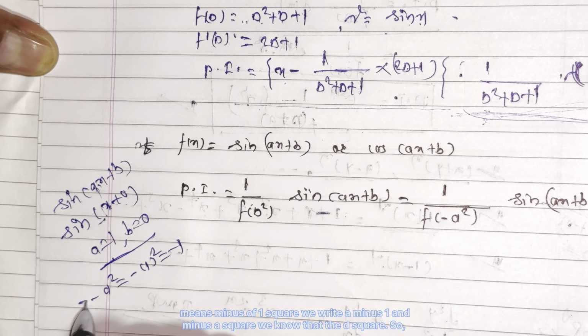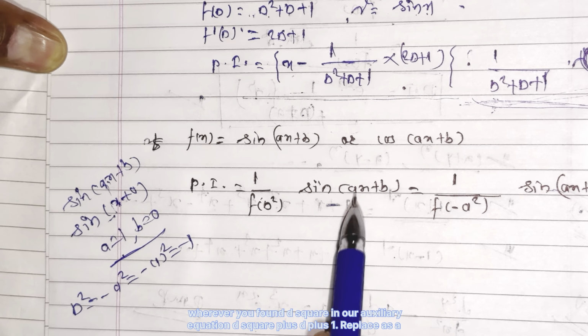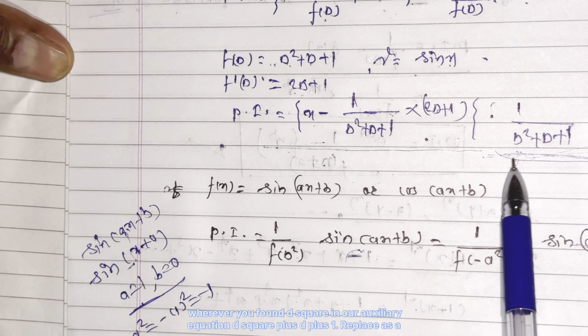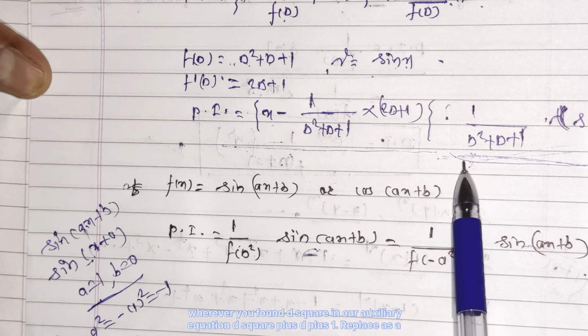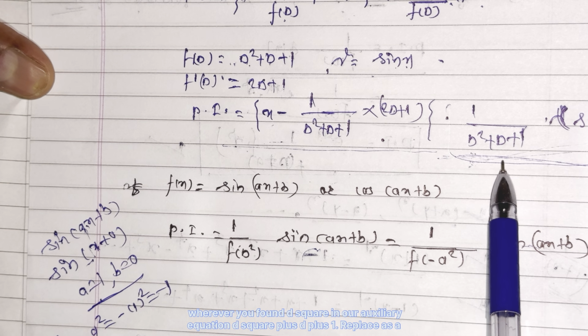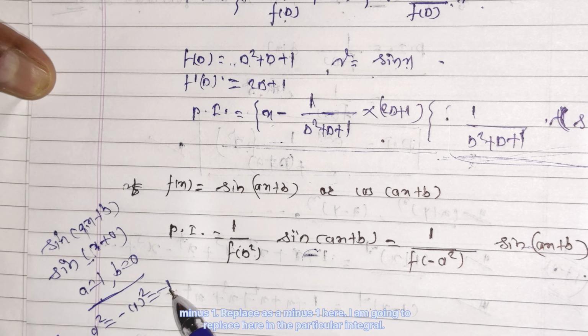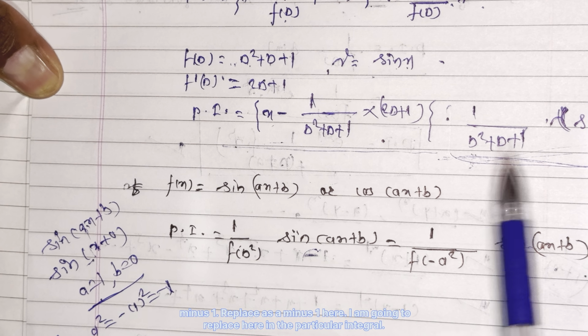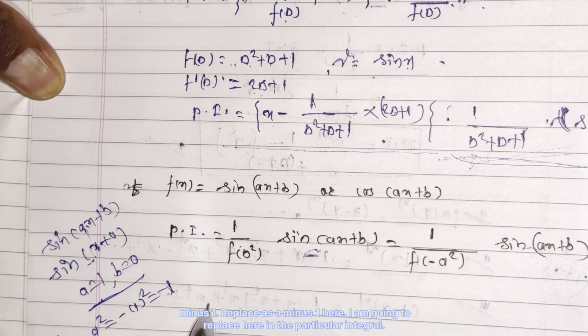And minus a square, we know, is d square. So wherever you find d square in our auxiliary equation, d square plus d plus 1, replace it with minus 1. I'm going to replace it here in the particular integral.